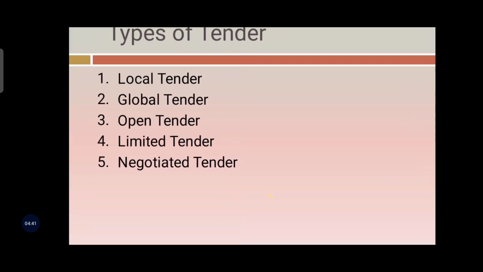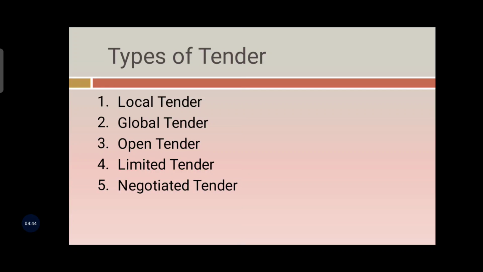So in local tender, what is local tender? The local tender is published locally, so the people living in the nearby areas are the only ones included in that tender, or take part in that tender. That is your local tender. Now the next one is global tender. This type of tender is published in internationally circulated news.